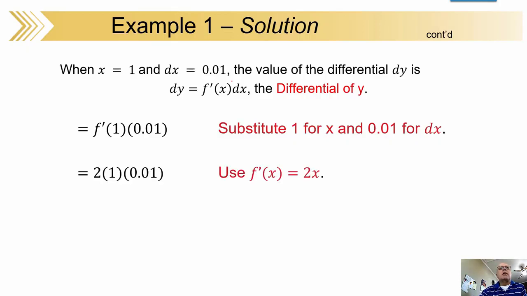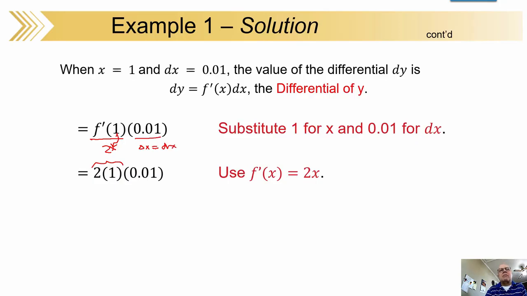Find the actual number. This is 2x, and the x is a 1. So this part becomes 2 times 1, or 2. And here's our dx, or delta x. Remember, delta x, for all purposes, are going to be the same.